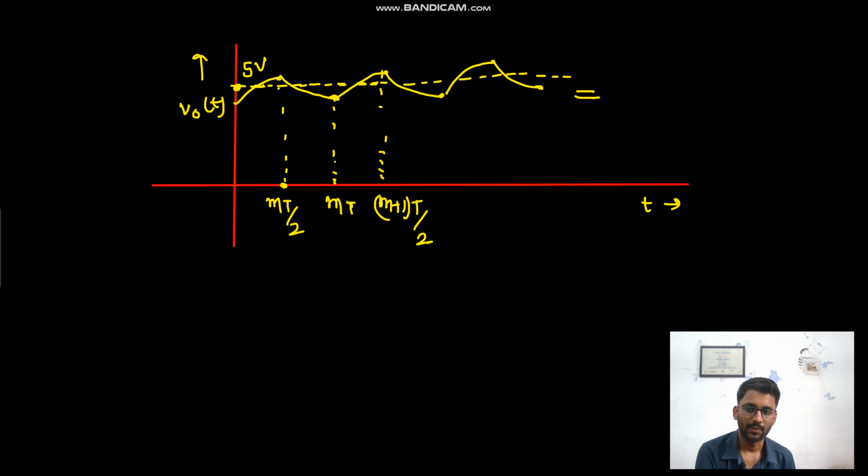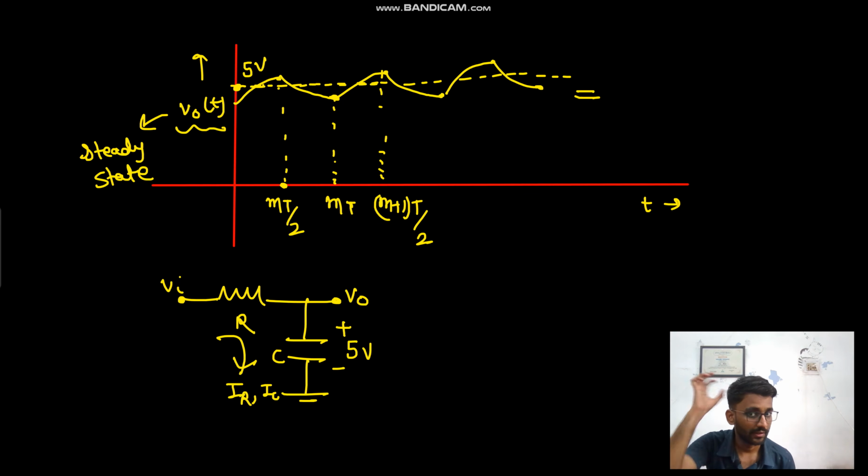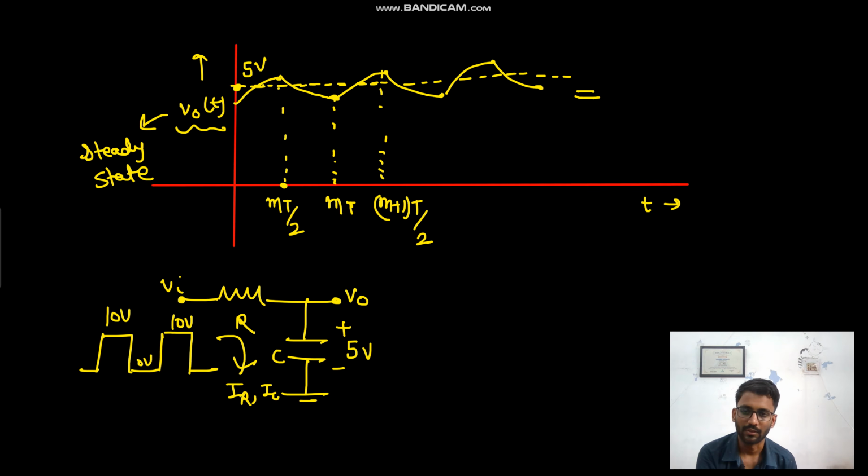Okay, so now this is your circuit at steady state. So at steady state, this is R, C. This is at 5 volt fixed. Okay, this is V naught, and this is the current IR or IC, whatever you can say, and here you have V in. So here we have 10 volt, 0 volt, 10 volt, 0 volt, 10 volt, 0 volt, 10 volt, and 0 volt.